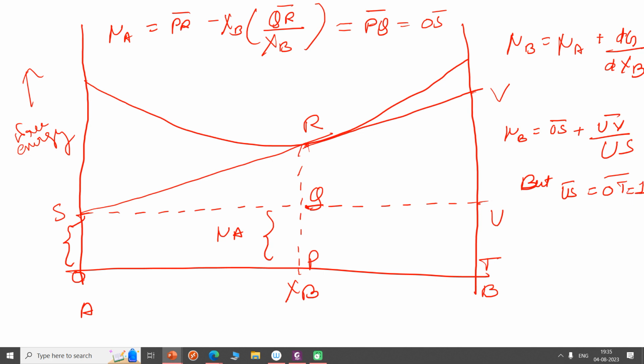Then it is equal to the OP segment plus the other segment, which is equal to the PB segment.